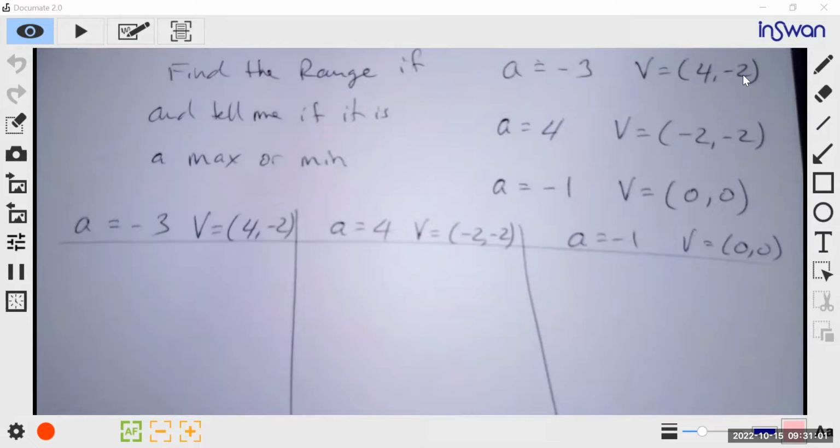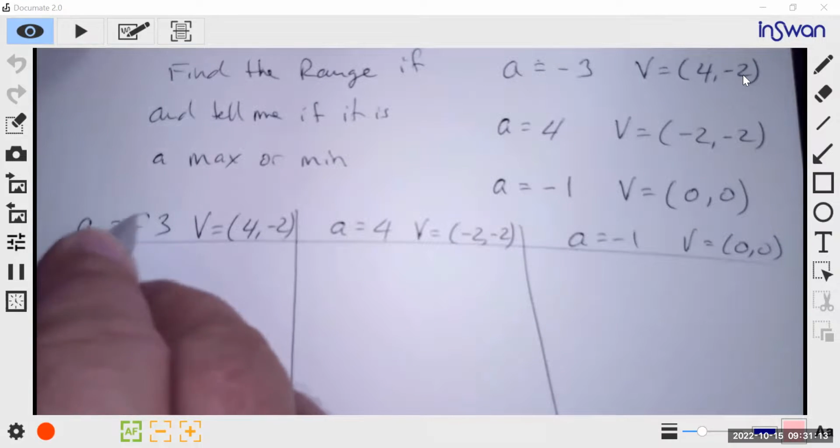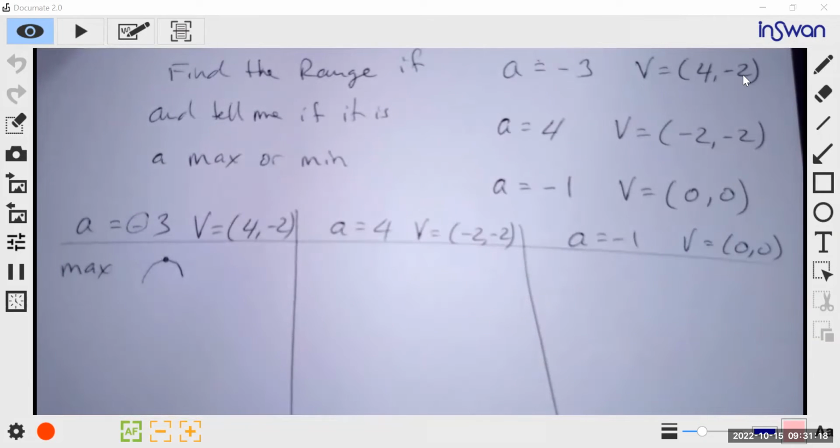So is the first one a maximum or minimum? Yep, it's a maximum. Because A is negative, which means it opens down, so we have a maximum. How about the second one, max or min?